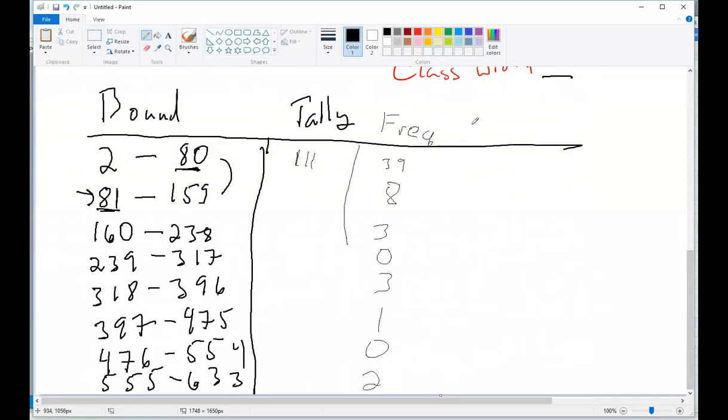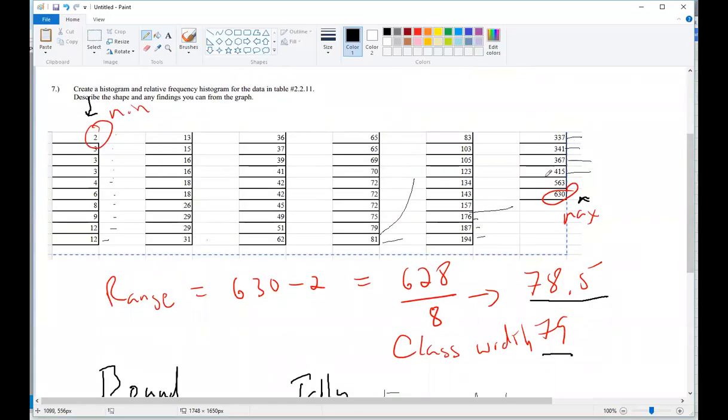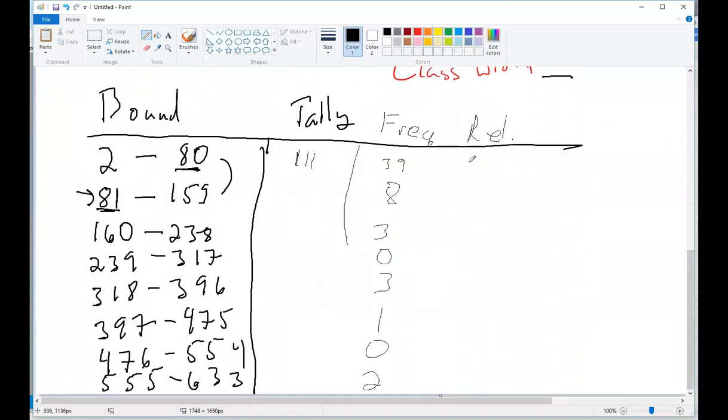Now, if I wanted to come up with a relative frequency distribution, let's do that. So there are 56 numbers here, I believe. 1, 2, 3, 4, 5, 6, 7, 8. 1, 2, 3, 4, 5, 6, 7. 56 numbers. So to get the relative frequency distribution, I'm going to take my 39 and divide it by 56.